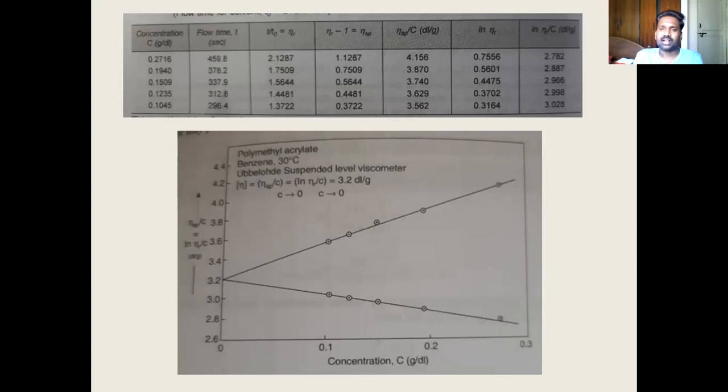In fact, all these things what you have discussed theoretically, you are going to do it practically in your lab when maybe your offline classes start. So this is about the first method of determining the molecular weight of polymers. In fact, we have 3 or 4 methods like ultracentrifugation and osmometry methods, which we are going to discuss in the next class.